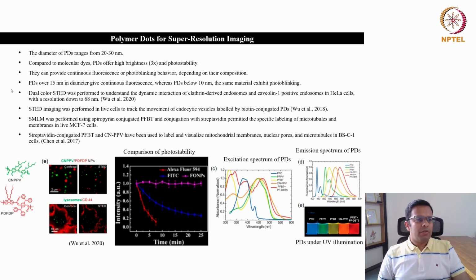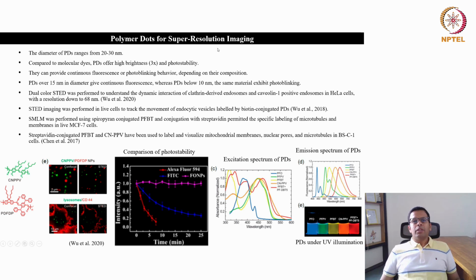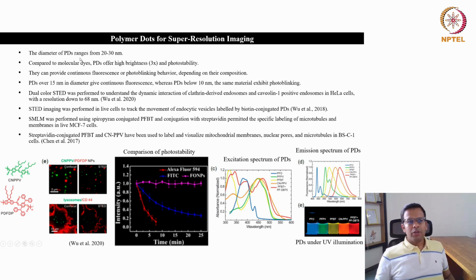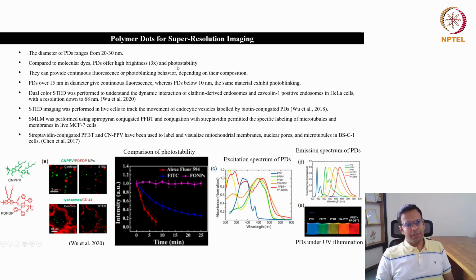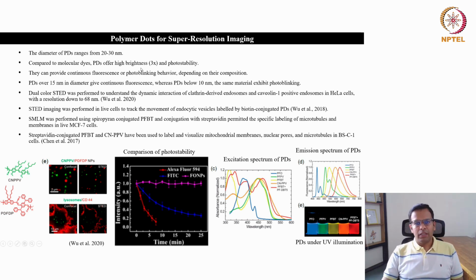Now coming to the polymer dots for super resolution imaging. The diameter of the polymer dots ranges from 20 to 30 nanometers, and compared to molecular dyes, polymer dots offer high brightness and high photostability, just like other nanoparticles.